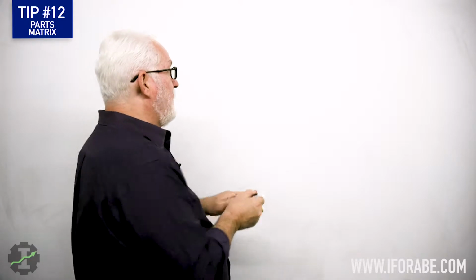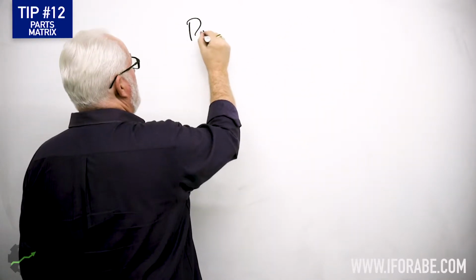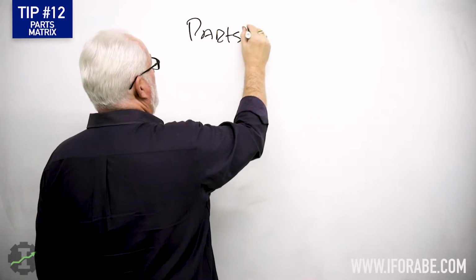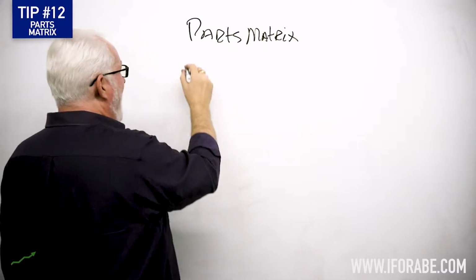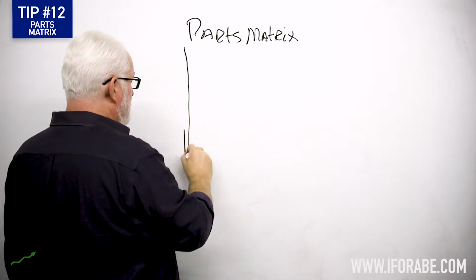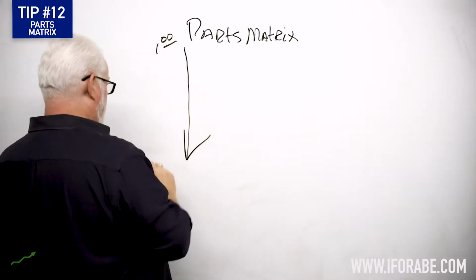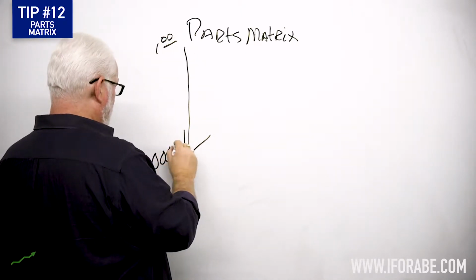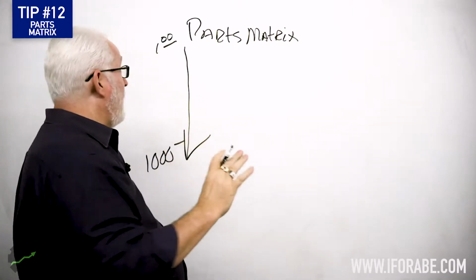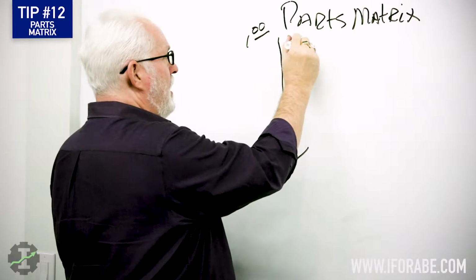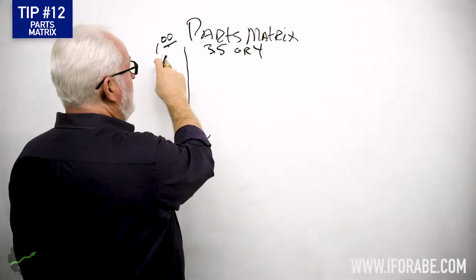Now, a parts matrix is pretty simple. We're going to put one up here for you, but a parts matrix basically says as the part increases in price, your multiplier changes, so you may start with a very high multiplier here, 3.5 or 4 times a dollar part.